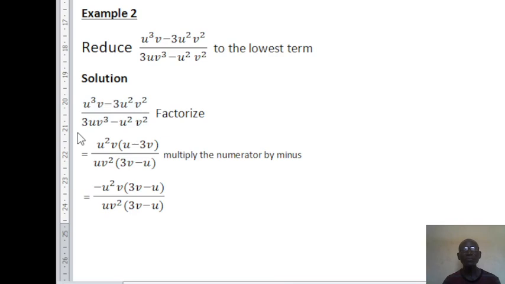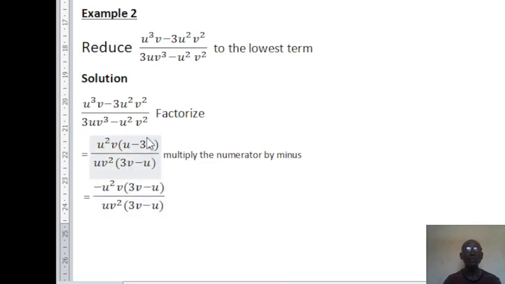Divided by, same thing goes here, u v square in factoring it out, leaving your 3 there, 3v minus u.